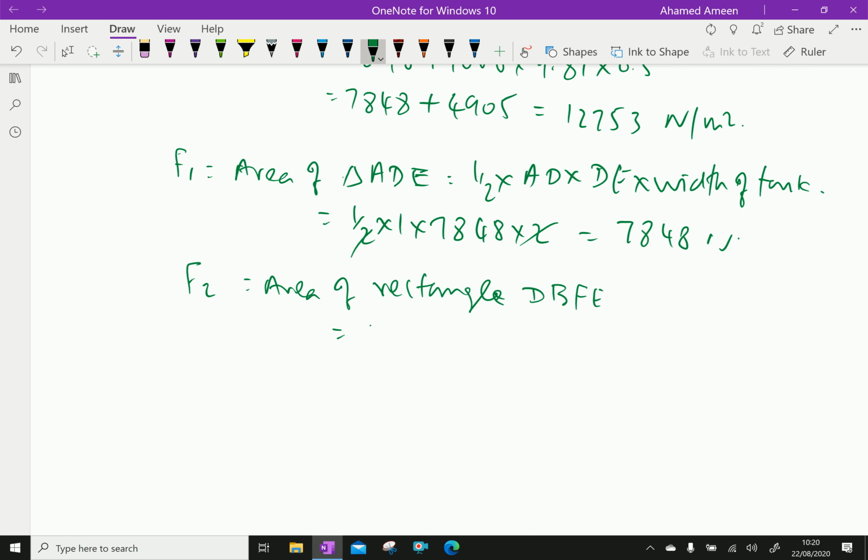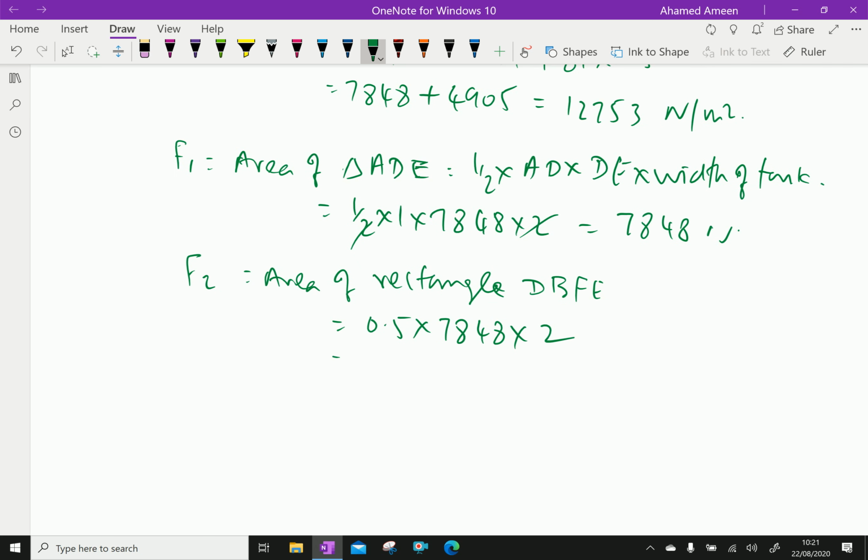Height is 0.5 and base is 7848, into width of the tank 2. So we have 7848 Newton.